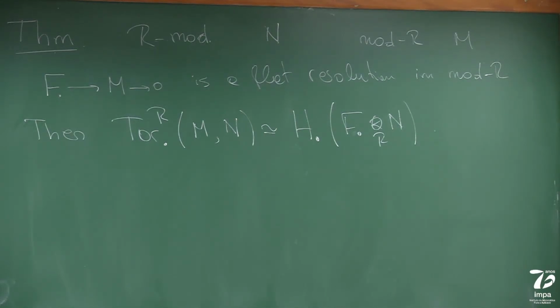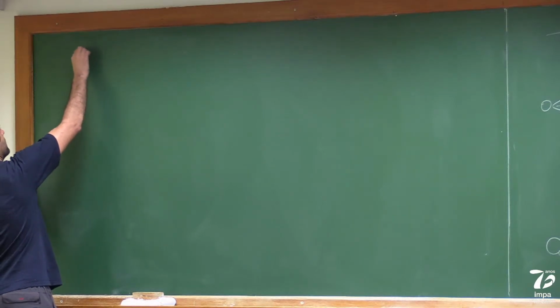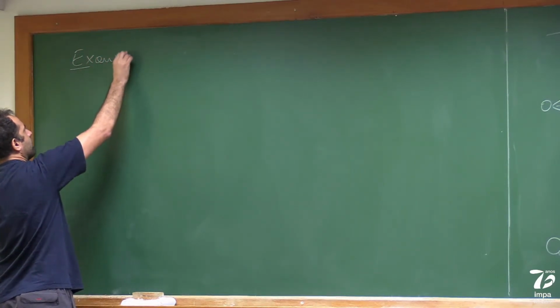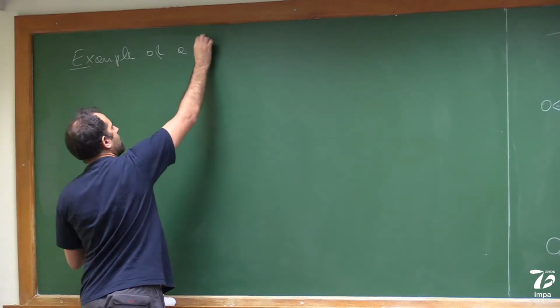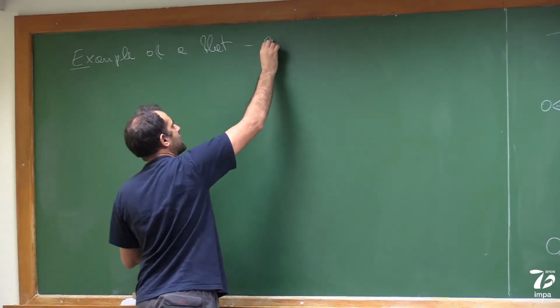Oh, yeah. Before doing that, I should have given an example of a flat module that is not projective. This is an example of something that is non-flat and is torsion-free, because we've already proven that when the ring R was Z, then being torsion-free implied flatness. So for abelian groups, flatness was torsion-free. But there are examples of modules that are flat and are not projective.